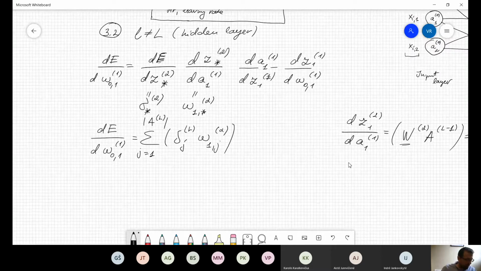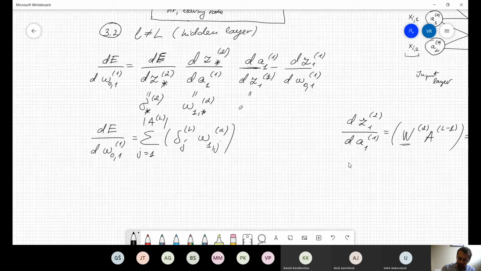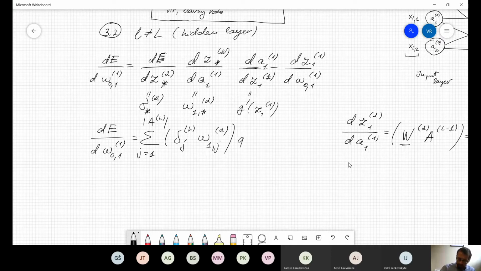Okay, so we have calculated everything. Now what we have here, this part, is the derivative with respect to the activation, just like we had before. This is the derivative of the activation on the first layer with respect to Z first 1 1. So we multiply by the derivative of the activation, and then we have the same guy.